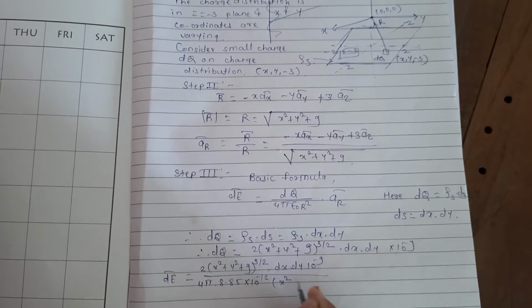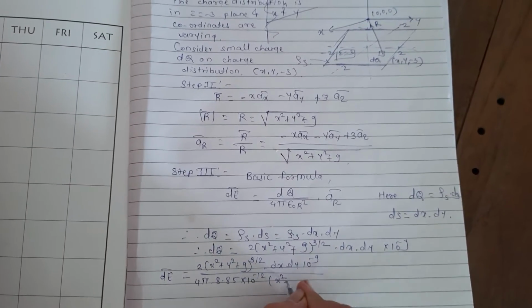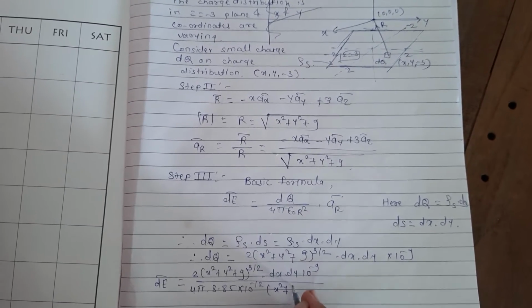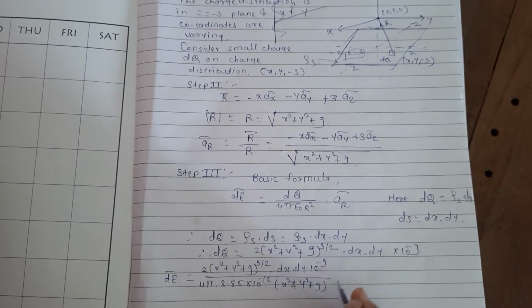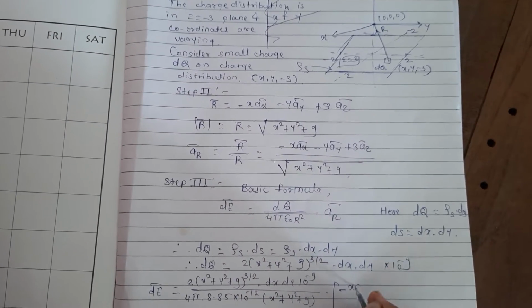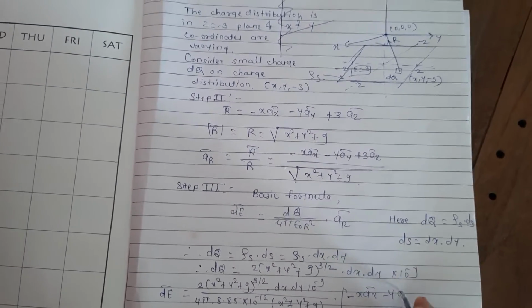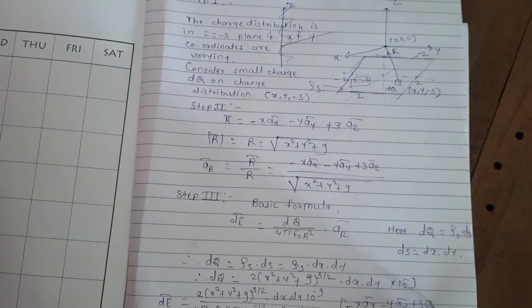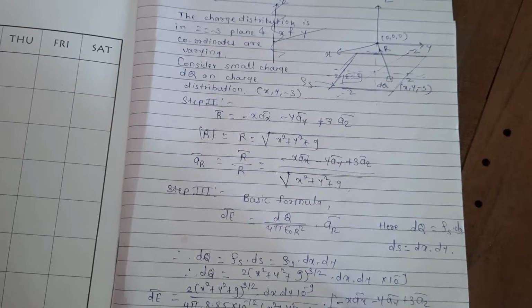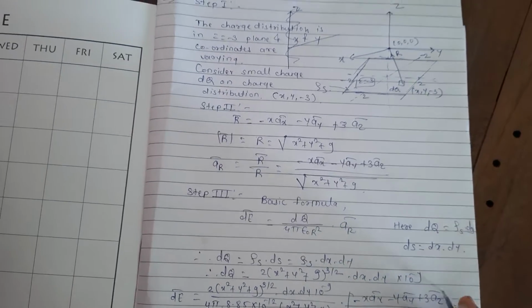(x² + y² + 9), since r square is x² + y² + 9, into this unit vector, which is (-x ax bar - y ay bar + 3 az bar) divided by square root of x² + y² + 9.